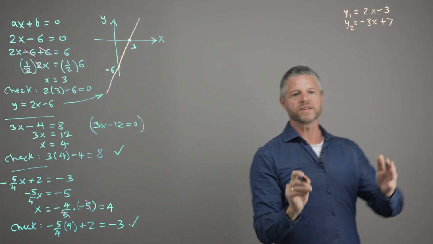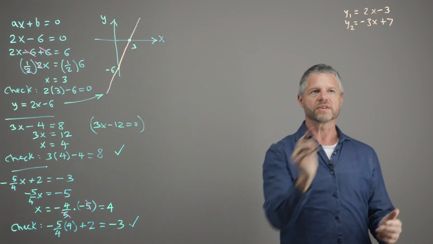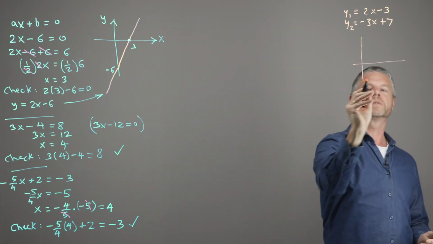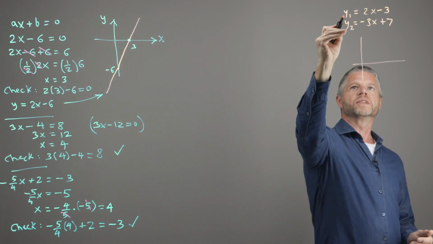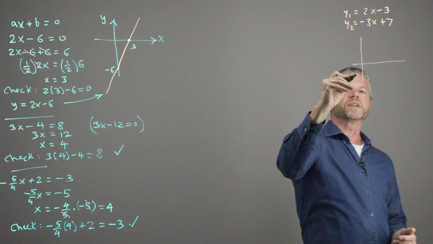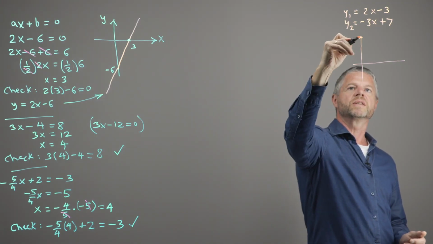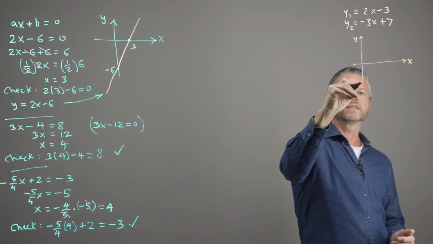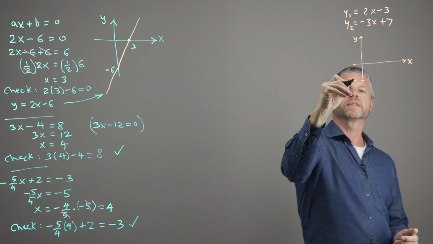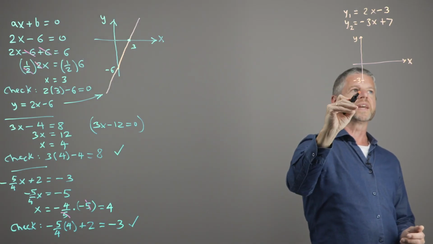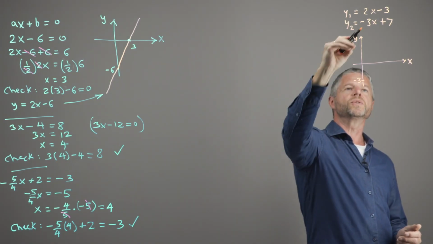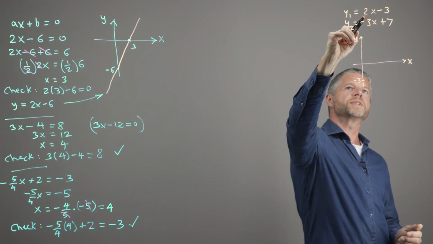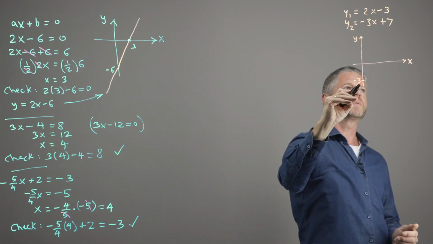And we could think of these as representing two lines on a graph. So, for example, this first line is going to cross the y-axis at y equals minus 3. And then it's going to have a positive slope because the slope is given by this number here, the plus 2.